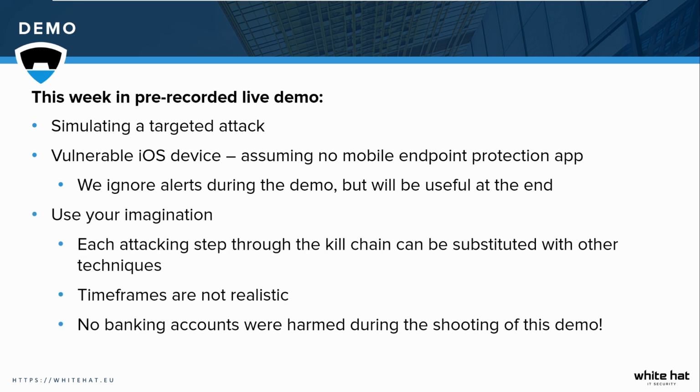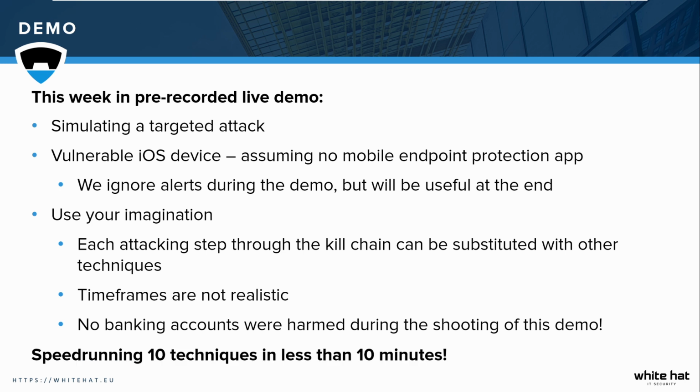I also have to mention that no banking accounts were harmed during the shooting of this demo. So without further ado, let's see the speed run of 10 techniques in less than 10 minutes. This is why we are here after all. Let's hope the gods of pre-recorded live demos are with us today.